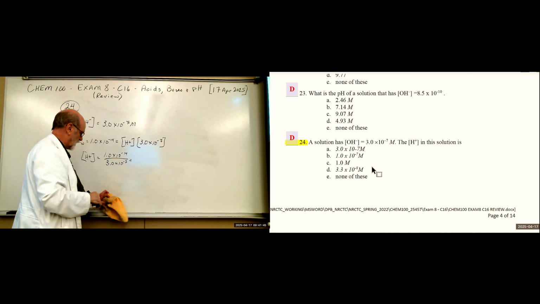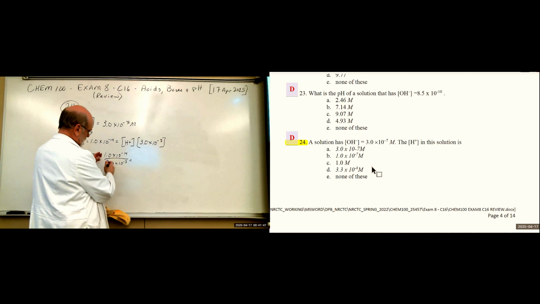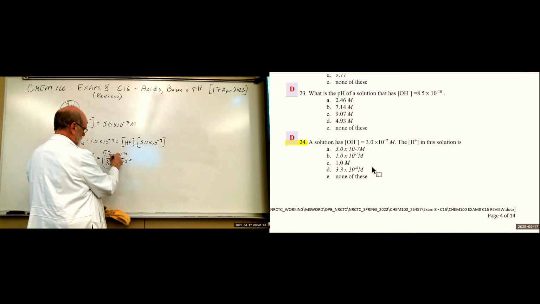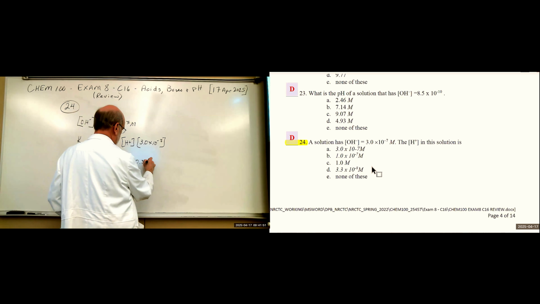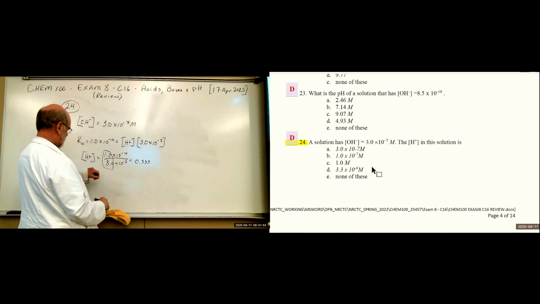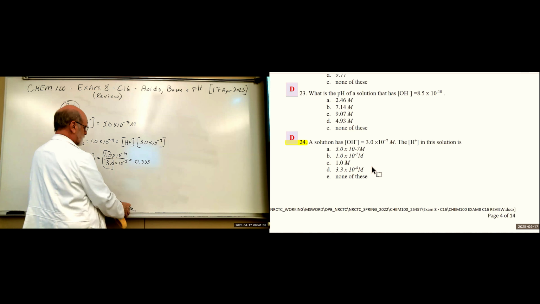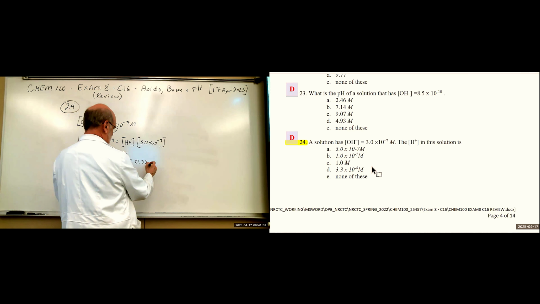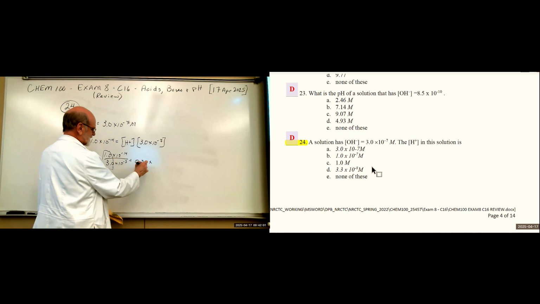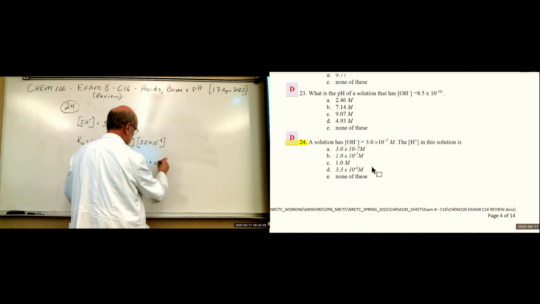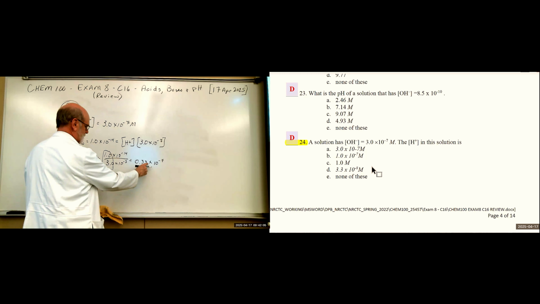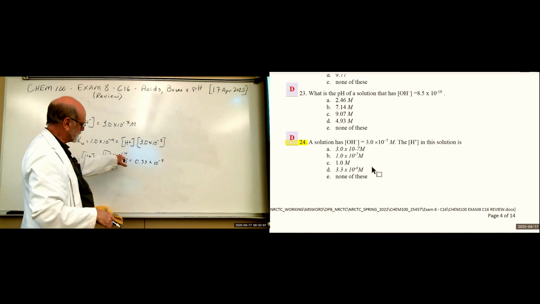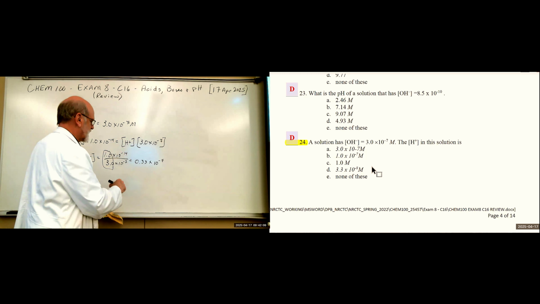So I don't need my calculator for this one. 1/3 is 0.333. Well, let's see. We got two significant figures. I better stop it there. Times 10 to the minus 7, because minus 14 plus 7 is minus 7.